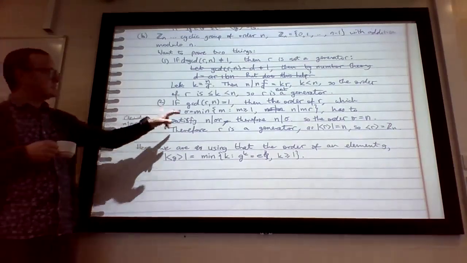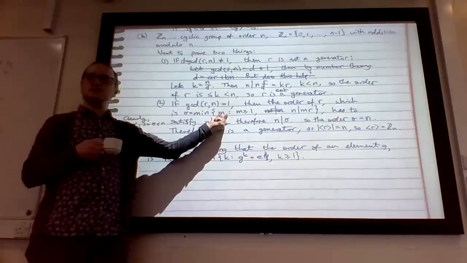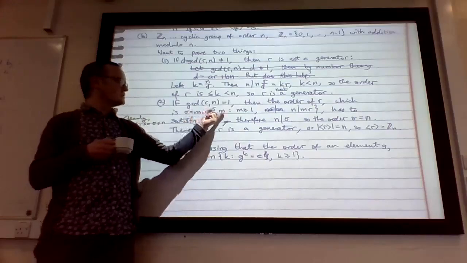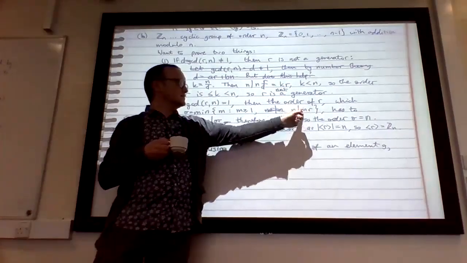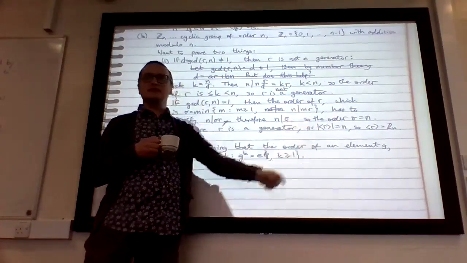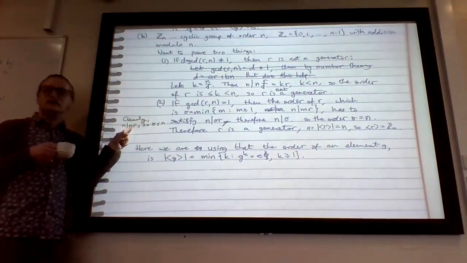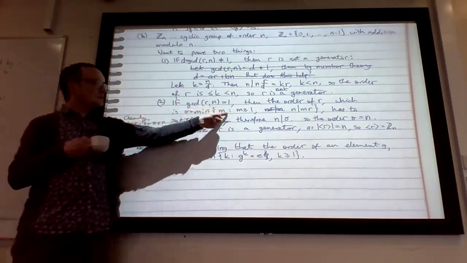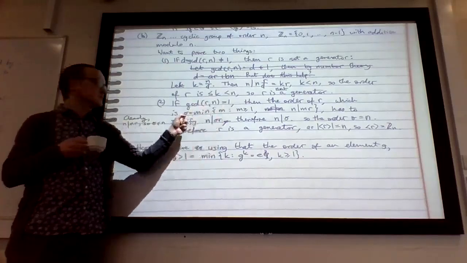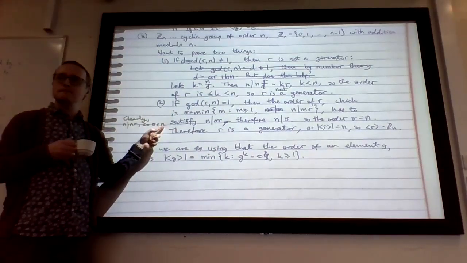Well, because he's defined the order as the smallest positive number in this set, which is the set of all multiples mr which make this product divisible by n. And clearly, this n here qualifies as one of the elements of this set. So the minimum of the set has to be less than or equal to it.